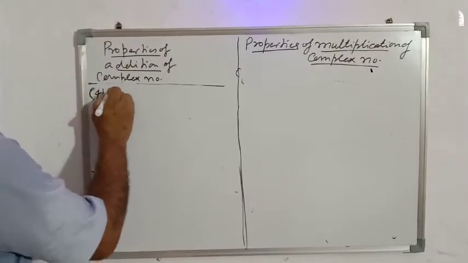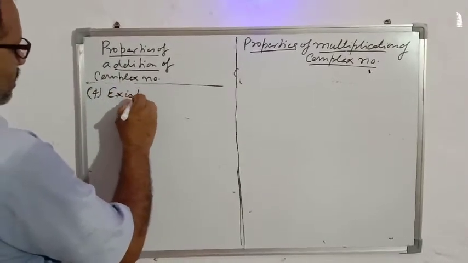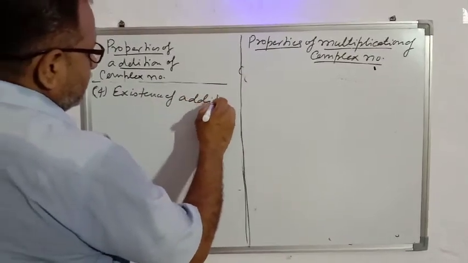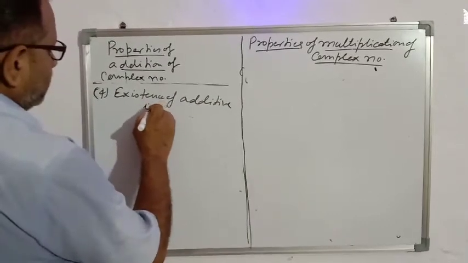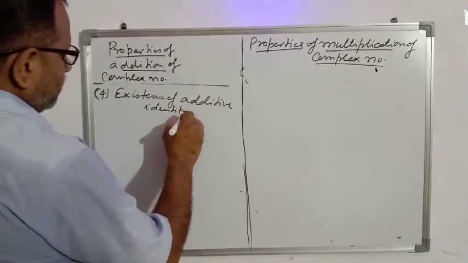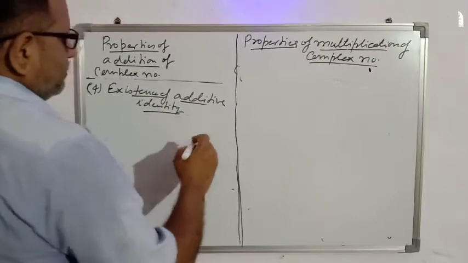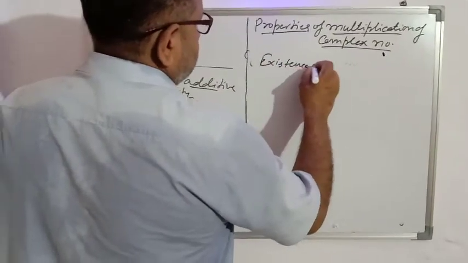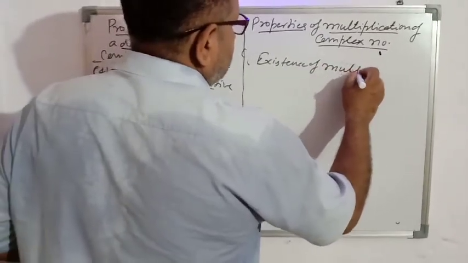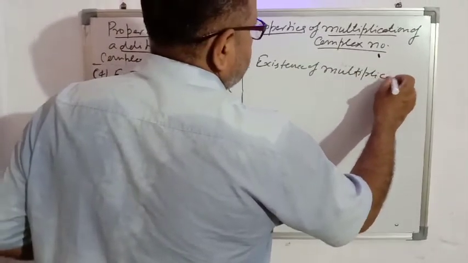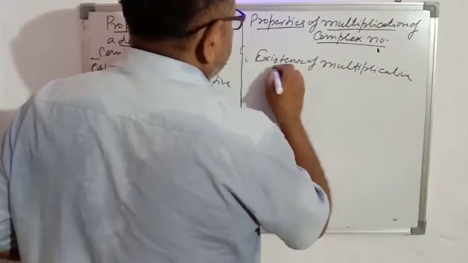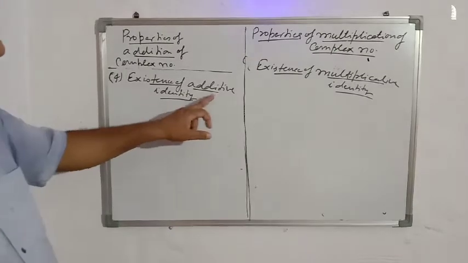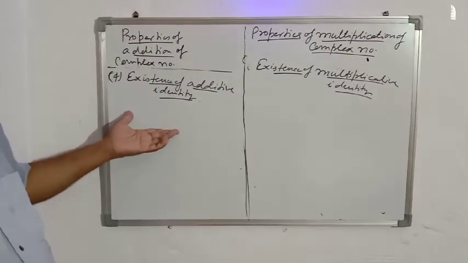Property number 4, existence of additive identity. Existence of multiplicative identity. Existence of additive identity. What is additive identity?